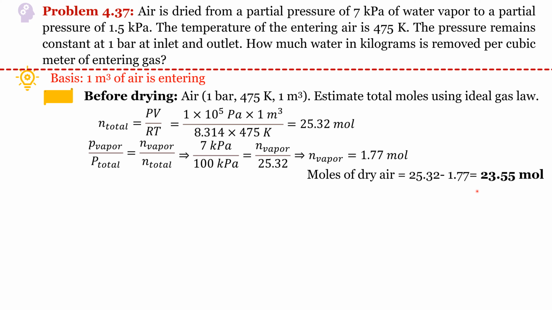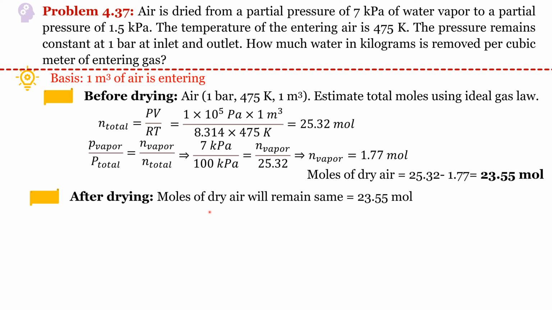Moles of dry air will not change before drying and after drying. So after drying, moles of dry air will remain the same and will be equal to 23.55 mole.